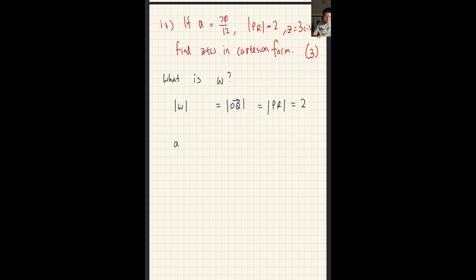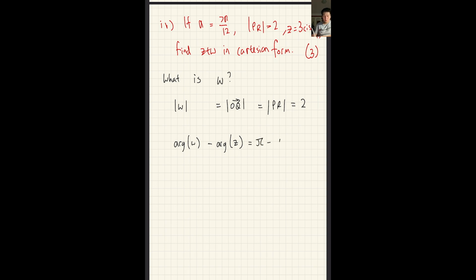Now, what is the argument of w? They give us alpha, and that's really all they give us, but we can use what we learned previously. We know that arg w minus arg z, which is arg w on z, was pi minus alpha from before.